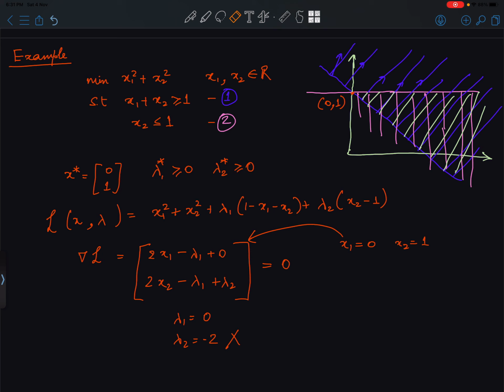Sorry, it is not x star here. Since this is not a KKT point, I have to remove this x star from all these cases.